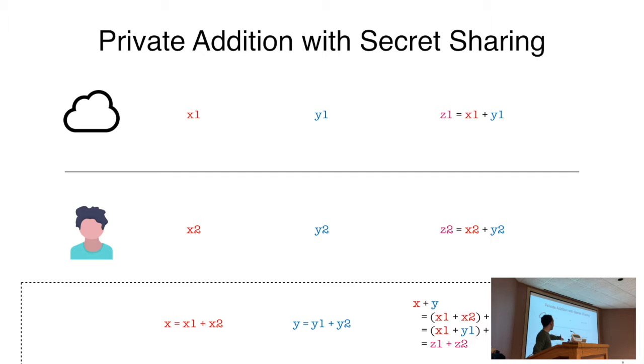We end up with z1 plus z2, which is just z, which is x plus y. So if at the end of this they were to send those shares to each other and reconstruct them, they would end up with z, the result of adding the original values. But they did that without revealing to each other what x was and what y was. In fact, they didn't even have to see what x and y were, because someone else could have secret shared x and y with them.